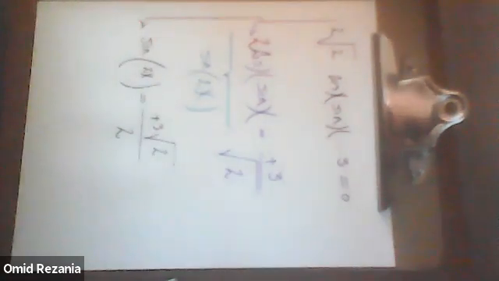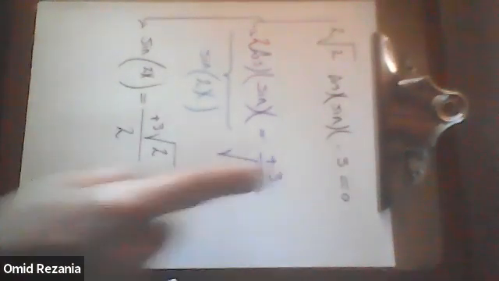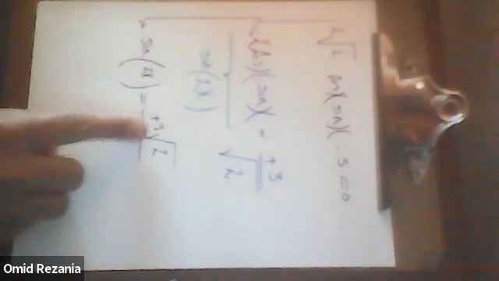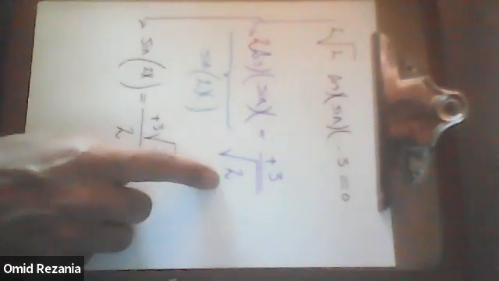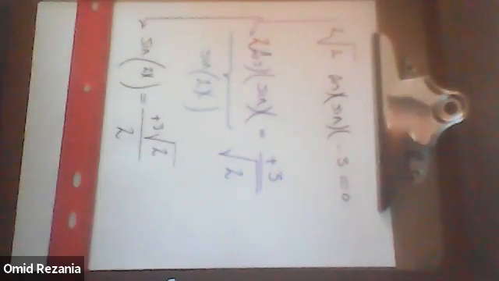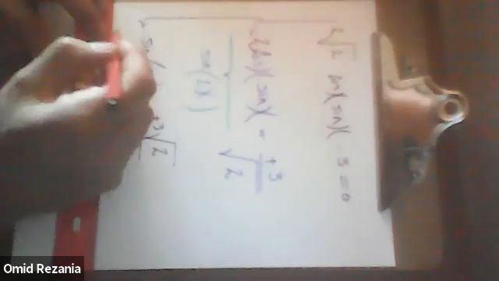Then in order to ameliorate things, we multiply the numerator and denominator by the same square root which is at the denominator. Then it becomes 3 times the square root of 2, and at the denominator it becomes 2. And now look at this. Now we are at the stage that we only need to solve this equation.